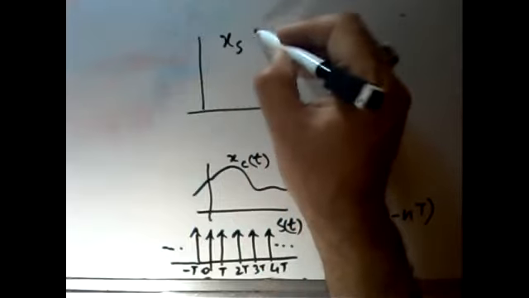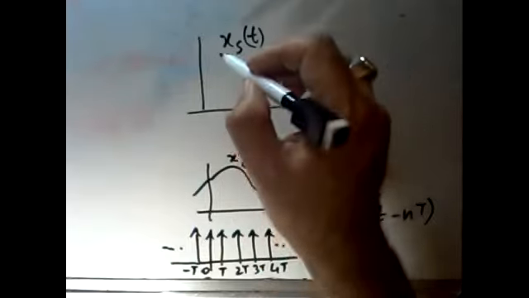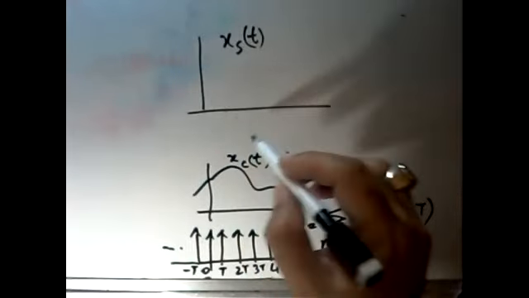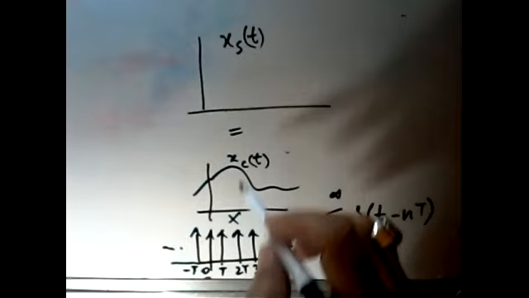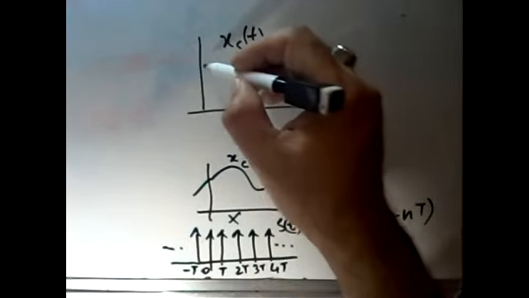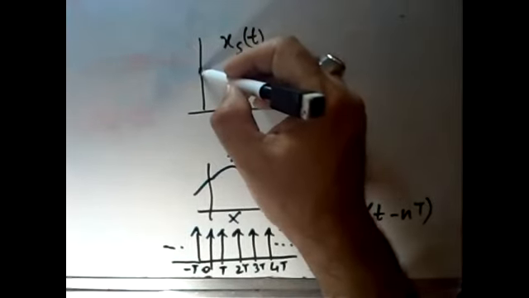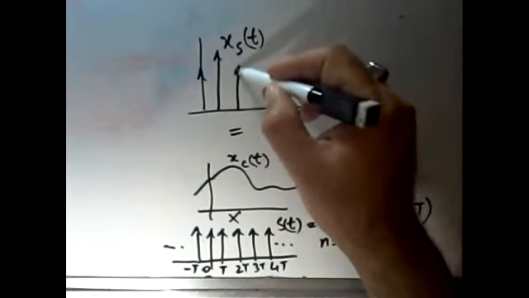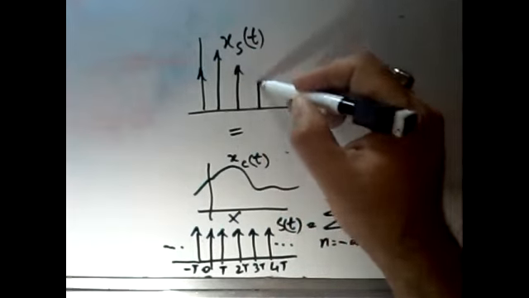So xs of t, we are multiplying these two, so this will be the output. So multiplying these two together, we get this output. So this output is this value, then this value, then this value, this value.